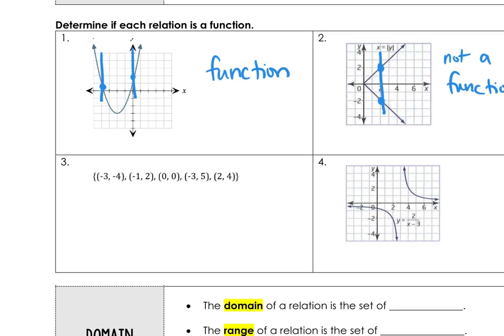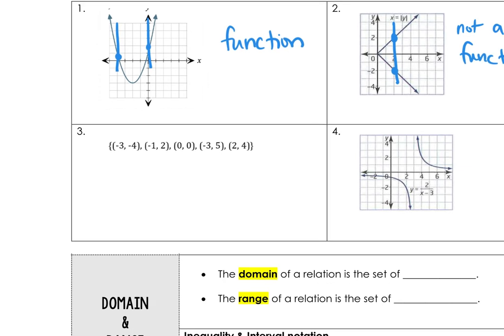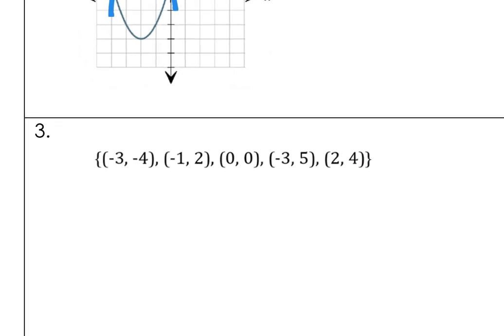Number 3, I gave you a set of ordered pairs. In your homework, you might see ordered pairs or tables or mapping diagrams. What you're looking for, again, is that each x has only one y. If I look at these ordered pairs, you should recognize that this x value of negative 3 has 2 different output values.